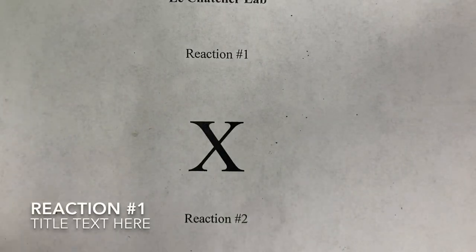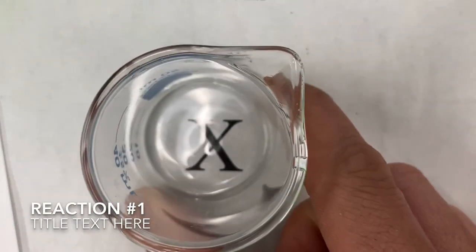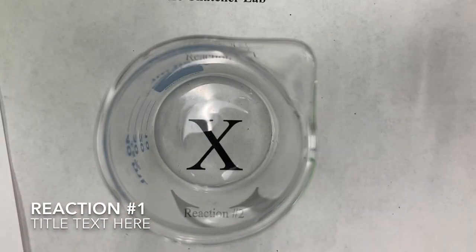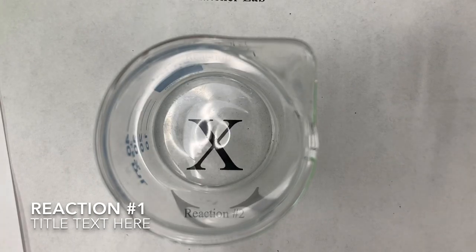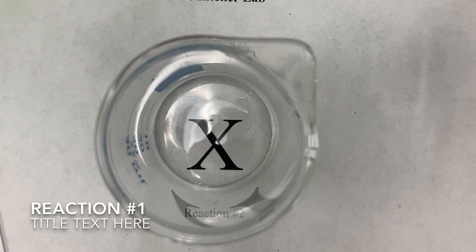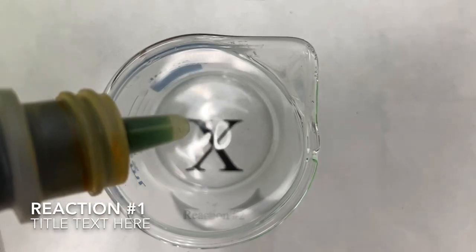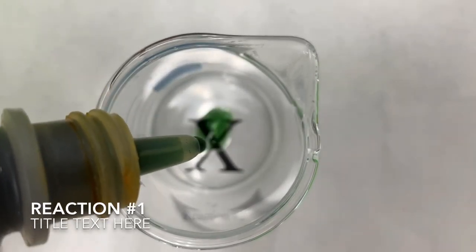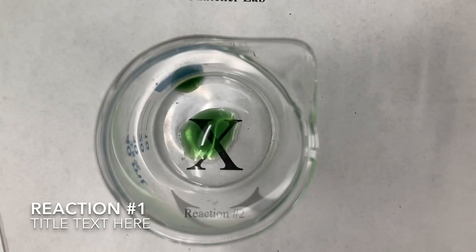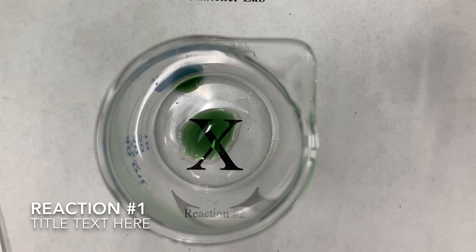This is reaction 1. We'll start with a few drops of BTB. It's kind of a blue-green color.